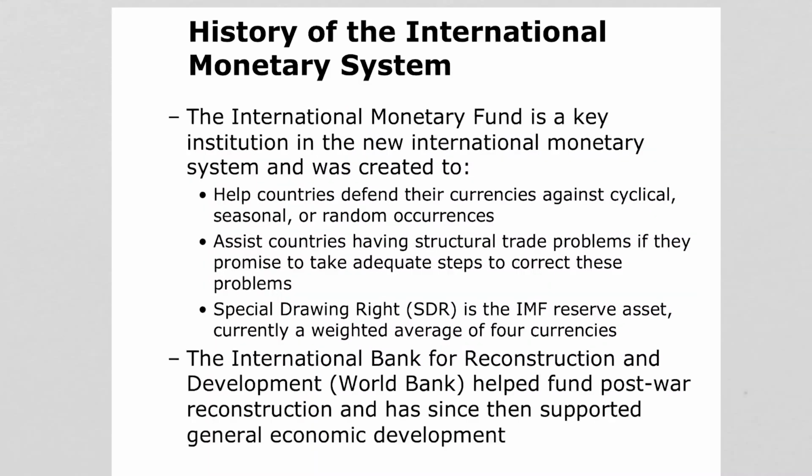The IMF was initially created to help stabilize currencies, and they'd also help countries with economic problems that could be repaired through better economic policy. As a tool to help accomplish these two tasks, they created special drawing rights, or SDRs. Effectively, it's a weighted average, or a basket, of a bunch of different currencies.